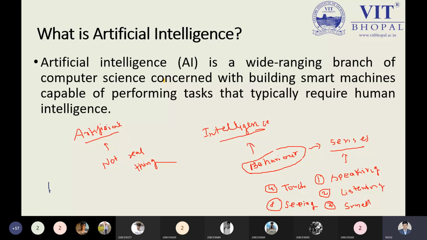Here we will say: how will a machine become intelligent? That is the question we have to keep in mind, and we can find the answer in our study of the artificial intelligence subject.